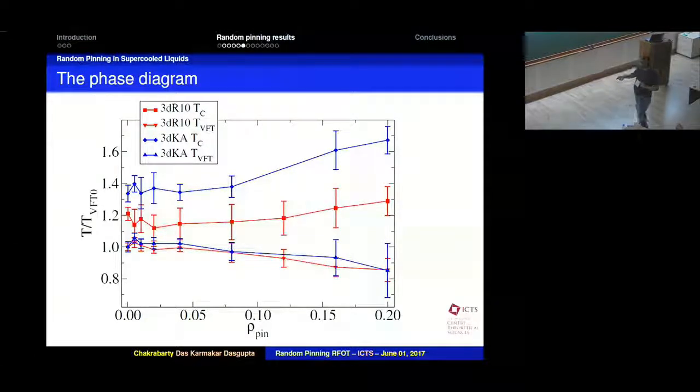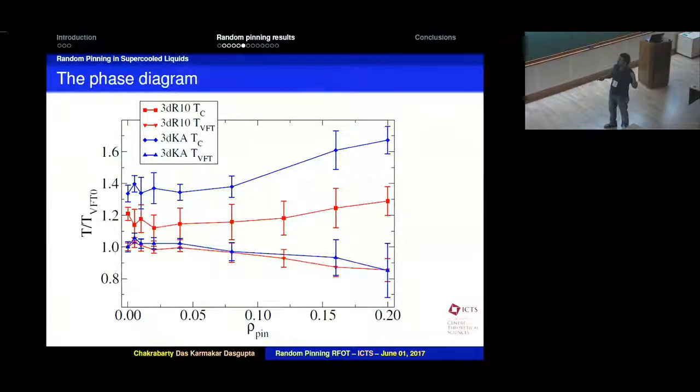The plots below are the ones which may be interesting. What one would naively expect is that as you introduce pinning, since the dynamics becomes slow, the transition temperature might have increased.